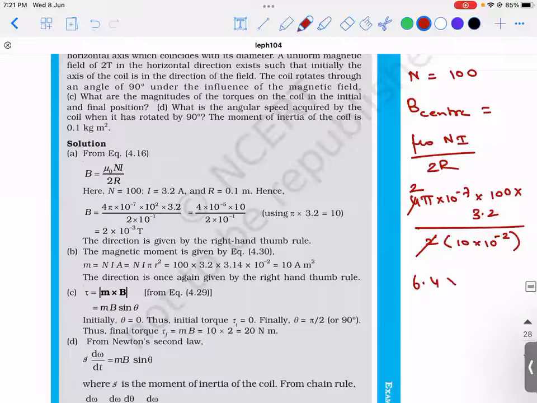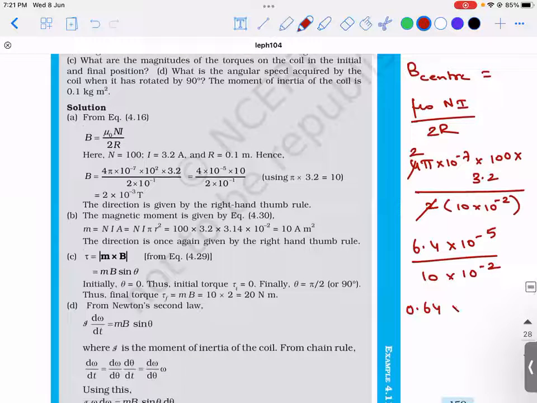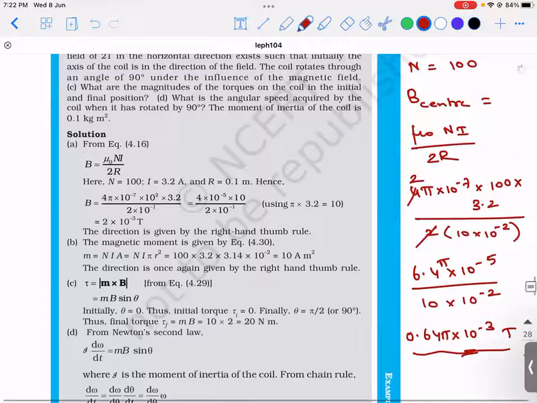It is 6.4 into 10 power minus 5 divided by 10 into 10 power minus 2. Sorry, 6.4 pi. So 0.64 pi into 10 power minus 3 Tesla is the answer.